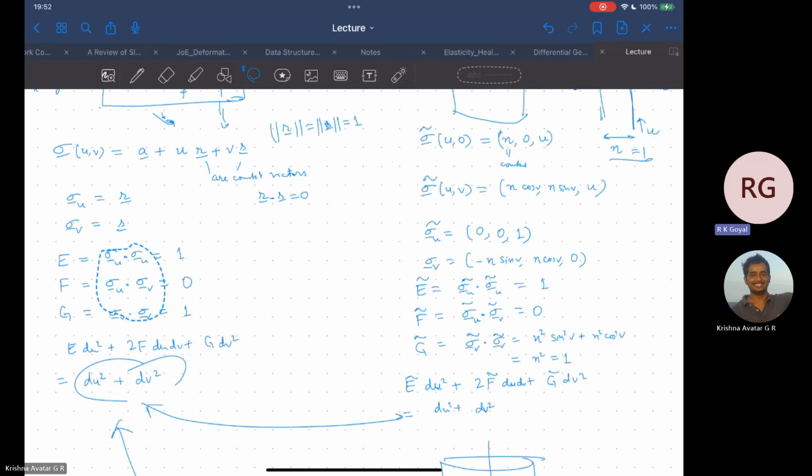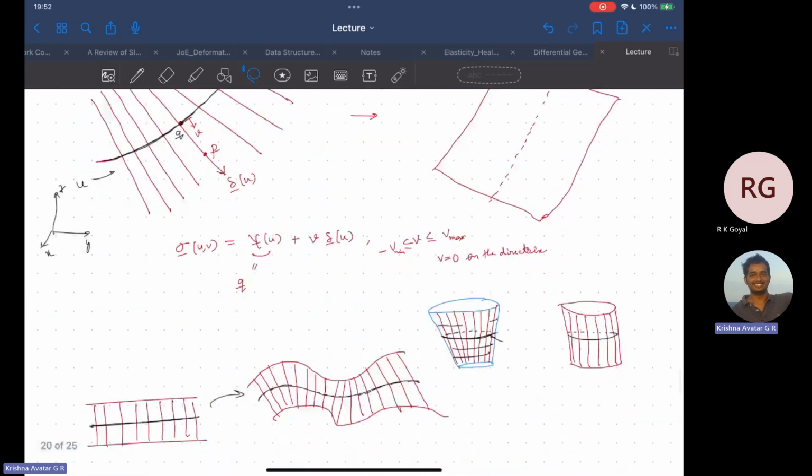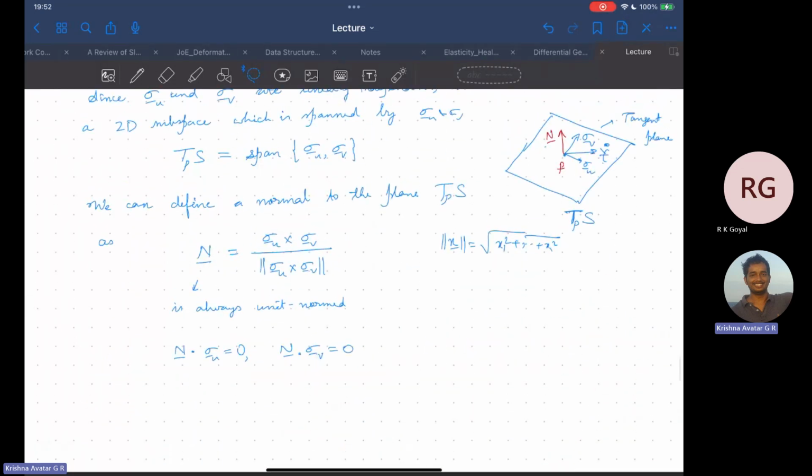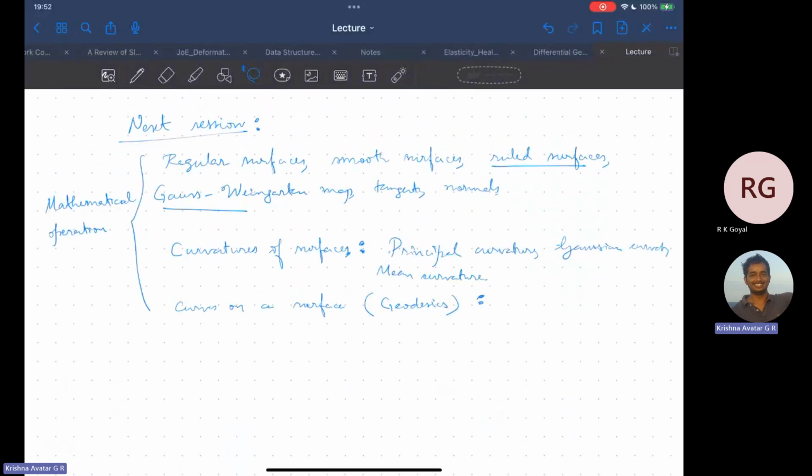And would you be covering tensors in the next class? I mean, broadly which topics would be covered? Yeah, broadly, I would like to finish surfaces, and I'm skipping a lot of things just because this is meant to be a very short course, and we have lots of things to cover. Once we define the second fundamental form, then we can go very fast.